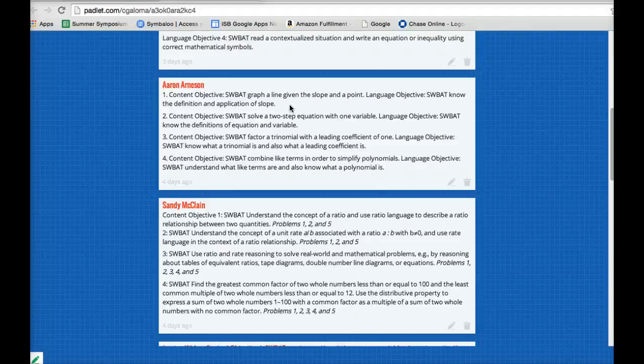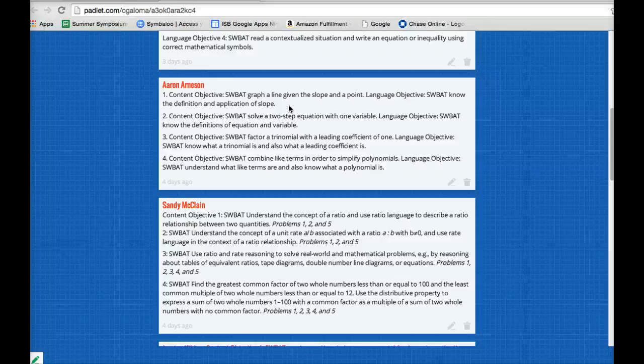And what specific language would they need other than the definition to really know the definition? So you need to think about, I wish I were a math person, but I'm thinking slope, angles, I don't know.